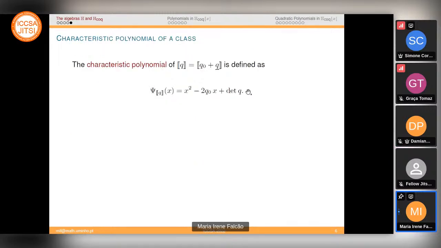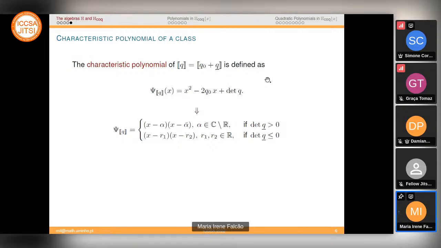The characteristic polynomial of a class is the degree-2 polynomial with real coefficients given by this expression here. Because this is a real polynomial, we can compute its roots.